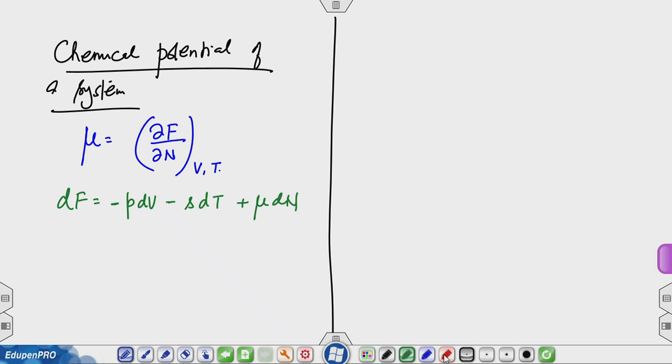Now U, the internal energy, is nothing but F plus TS.